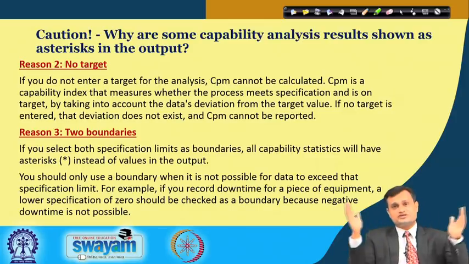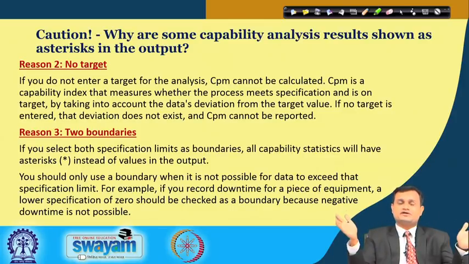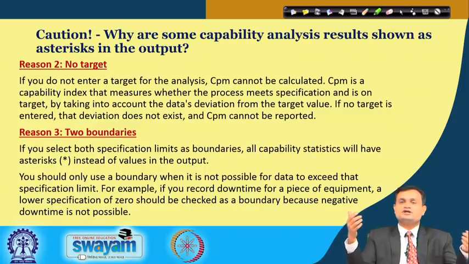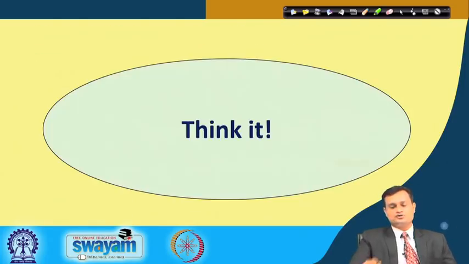Sometimes, to restrict my data within a particular range, since negative downtime has no value, no significance, I would be interested to specify the boundary, but defining an illogical boundary leads to the inability of the software to give you the result, and then it will show you the asterisk.